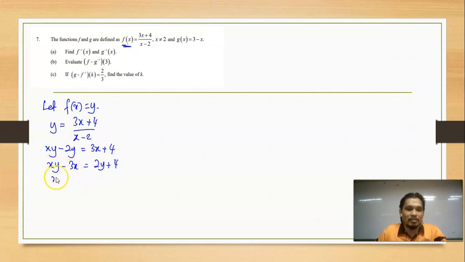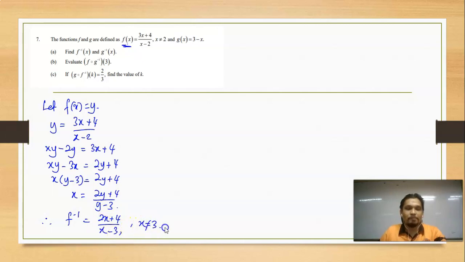Factorize the x. Then x equal to 2y plus 4 divided by y minus 3. So f inverse equal to 2x plus 4 divided by x minus 3, where x cannot be equal to 3. So that is the inverse function of f.